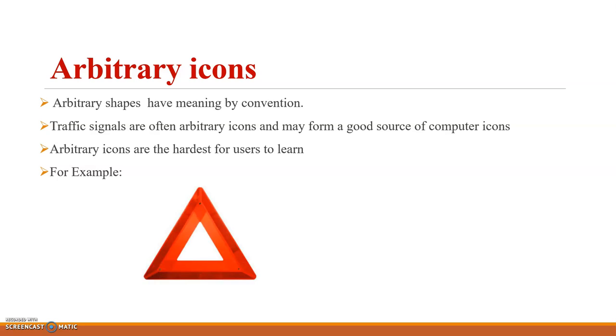For example, a warning triangle might be used as an icon for a warning message. A question mark symbol is going to tell the user about a question. This is about the arbitrary icon.